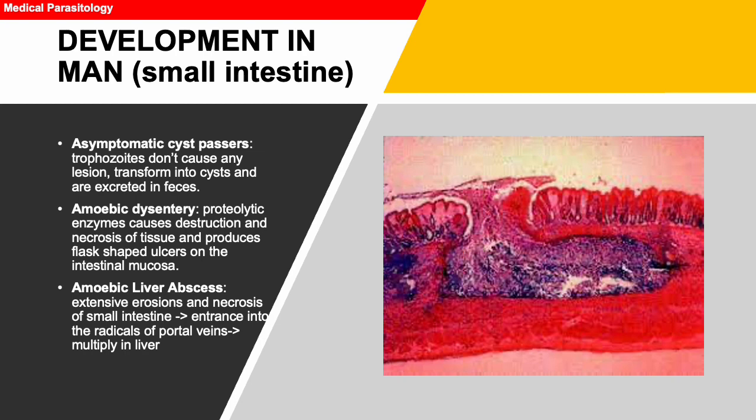So, for Entamoeba histolytica, you have an Erlenmeyer flask-shaped ulcer, while in Balantidium coli, you have a beaker-like shaped ulceration. Amoebic liver abscess can also occur. So, you have extensive erosions and necrosis of the small intestines or the large intestine, in which they are capable to enter into the portal veins and eventually in the liver.